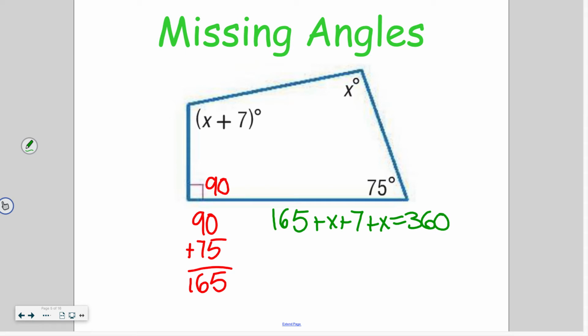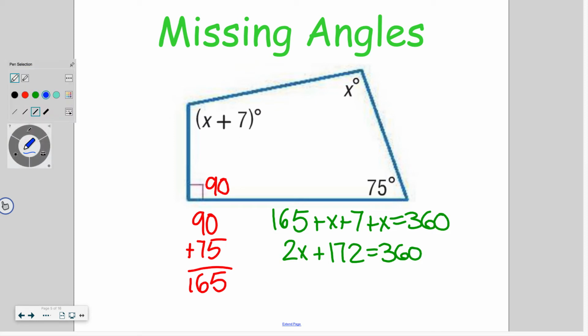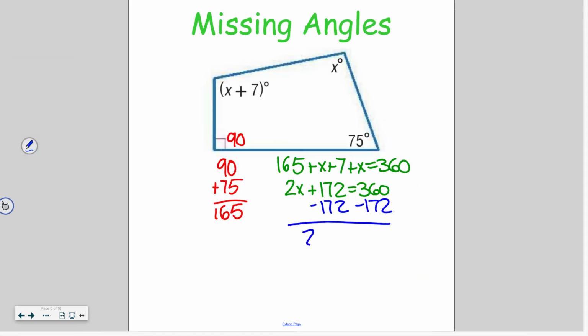I can simplify by combining like terms, which is going to give me 2x plus 172 degrees is equal to 360. Then I'm going to go through and use SADMEET to solve. Subtracting 172 from both sides is going to give me 2x is equal to 188.